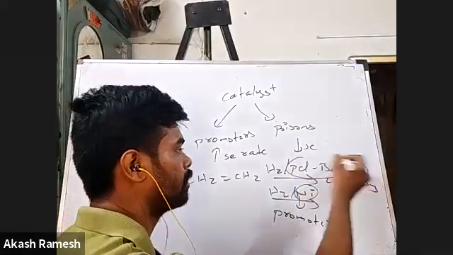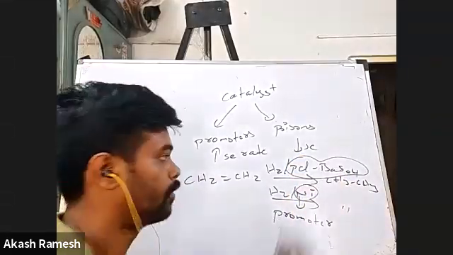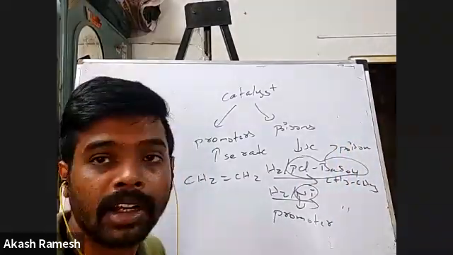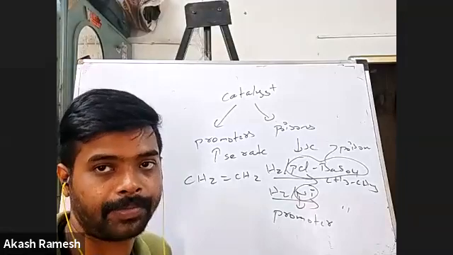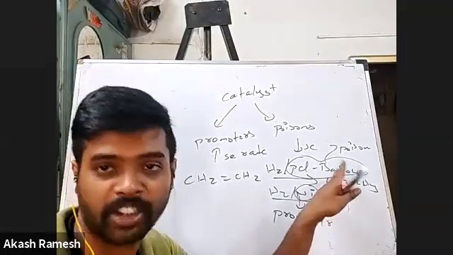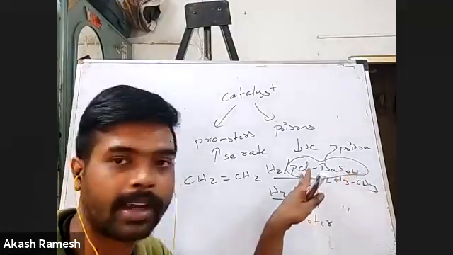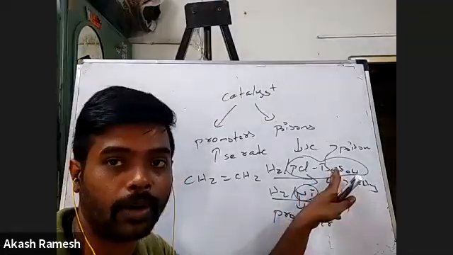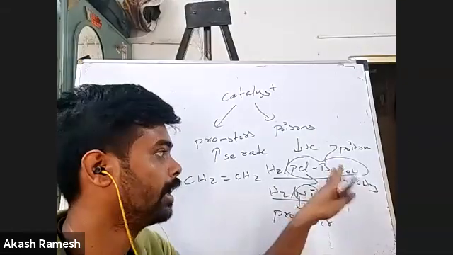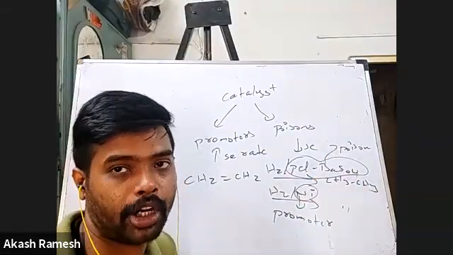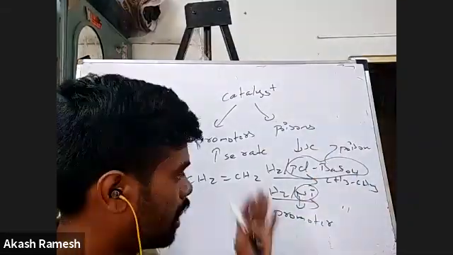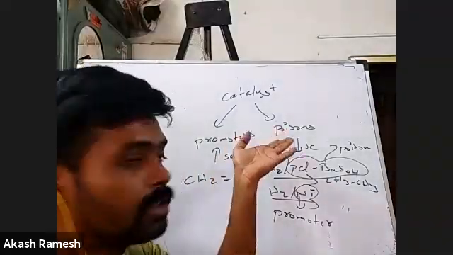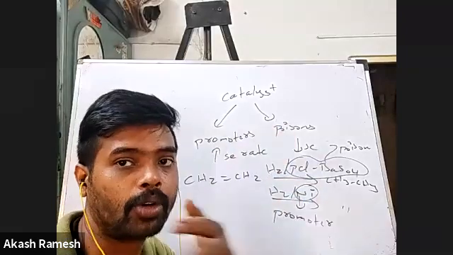But this whole thing, that is palladium with BaSO4, is actually a poison which will decrease the rate of the reaction. Pd is the proper catalyst, it is going to increase the rate of the reaction. But this BaSO4, which is used here, is basically going to be the poison which will decrease the rate of the reaction. Okay, so like this, there are so many things. We will be studying about this in a detailed manner when I go to surface chemistry.